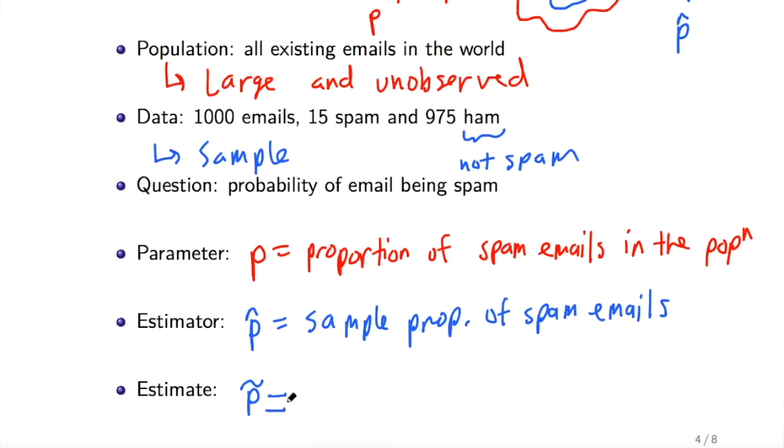So P tilde is: take the number of spam emails, 15, take the total number of emails, 1,000, and we get 1.5%, which would be 0.015.